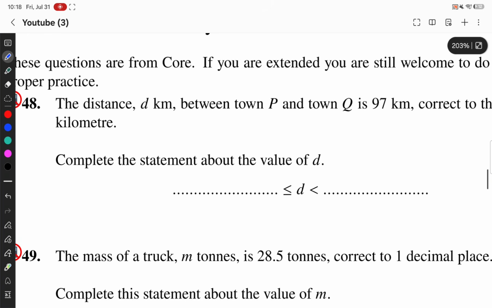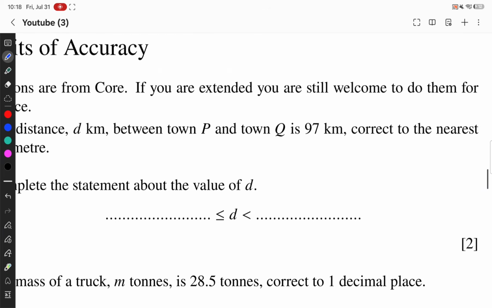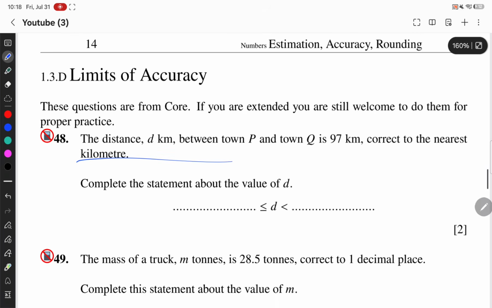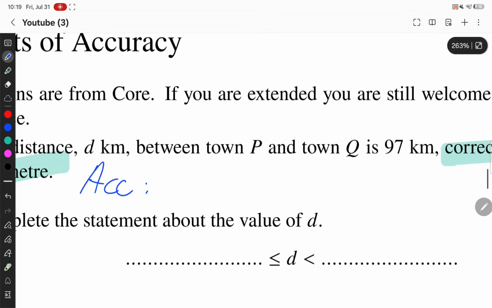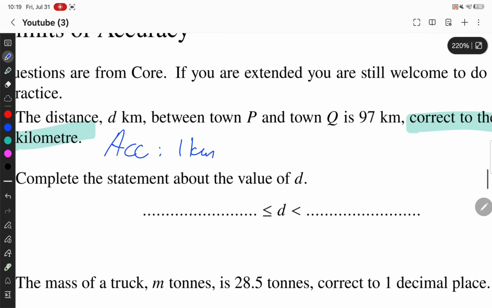The distance between town P and Q is 97 kilometers, correct to the nearest kilometer. This statement is the accuracy, which is 1 kilometer. What is the upper bound? Now we write LB and UB.